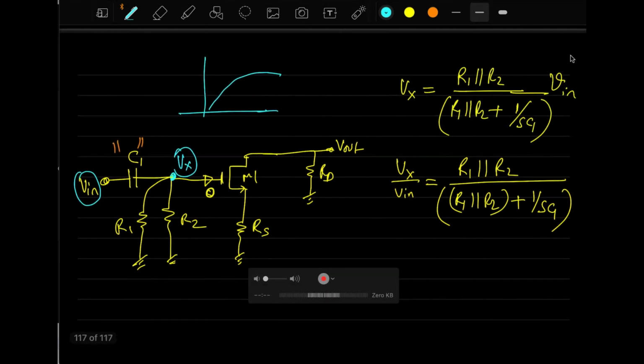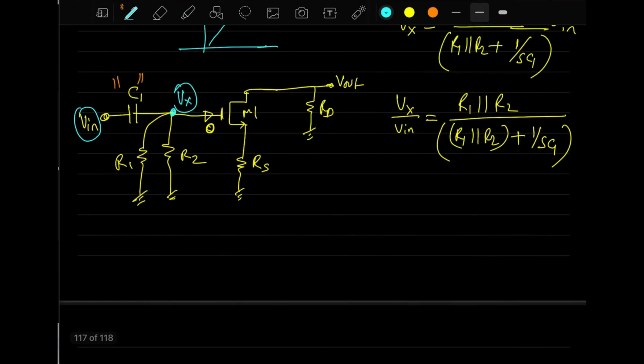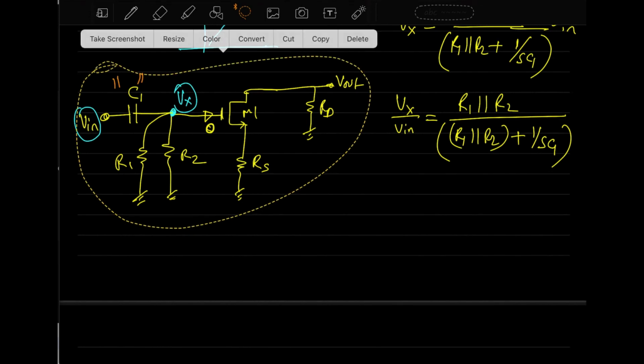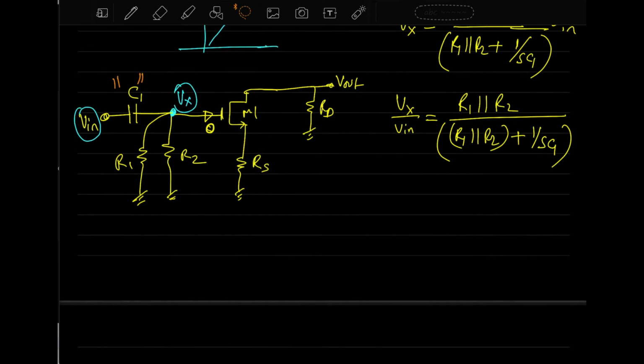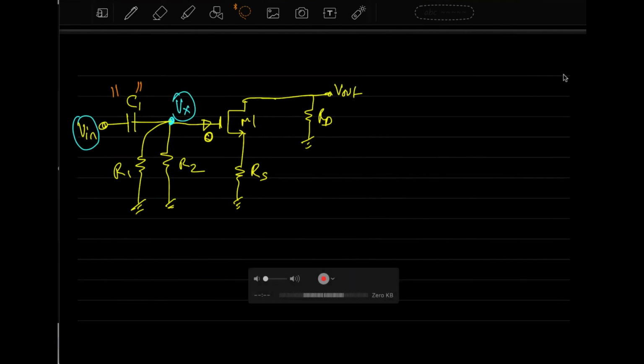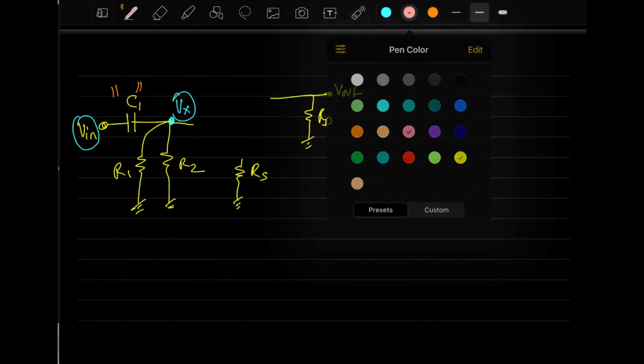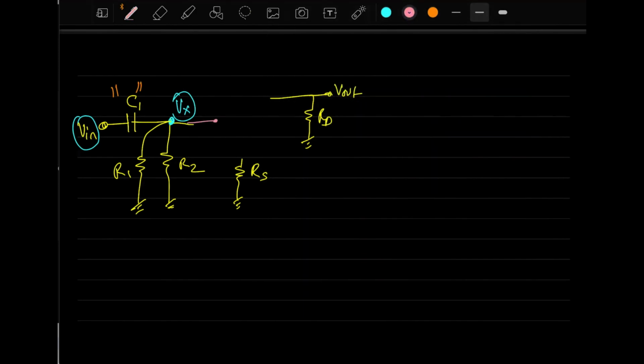If you remember, what you have to do now, let me copy this. You replace this M1 here by its small signal equivalent, which is like this.